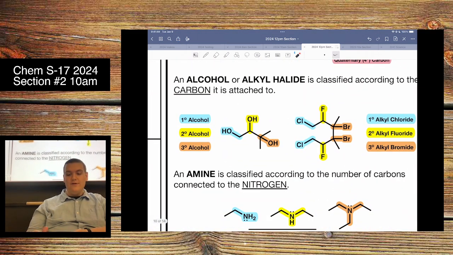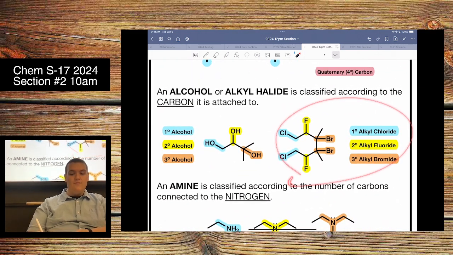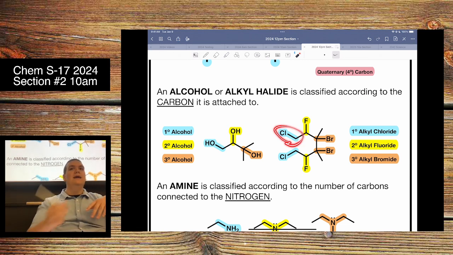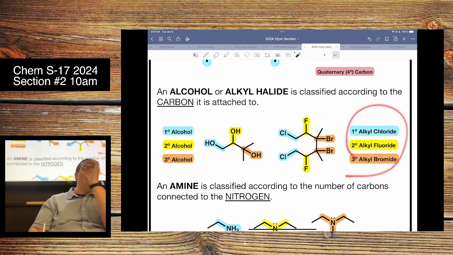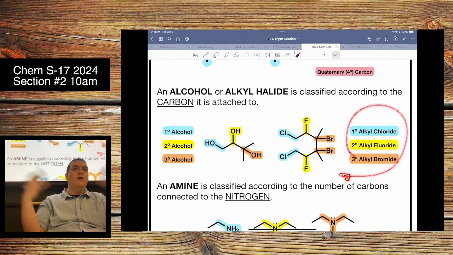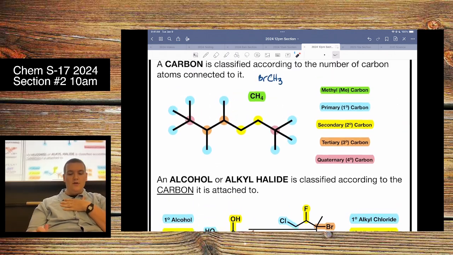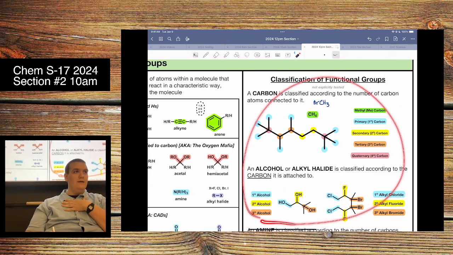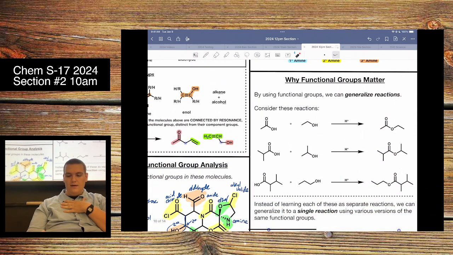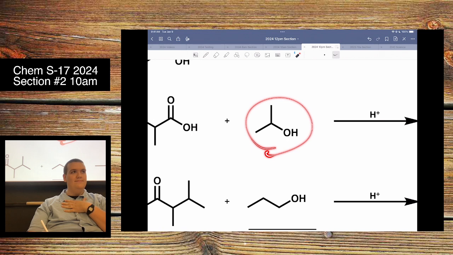Similarly, alkyl halides are named the exact same way. A primary carbon with a chlorine is a primary alkyl chloride, and so on. And this gets at your question, where I actually put the name of the halide, but they're all alkyl halides. So these are really similar and go together quite nicely. So what type of alcohol is this?